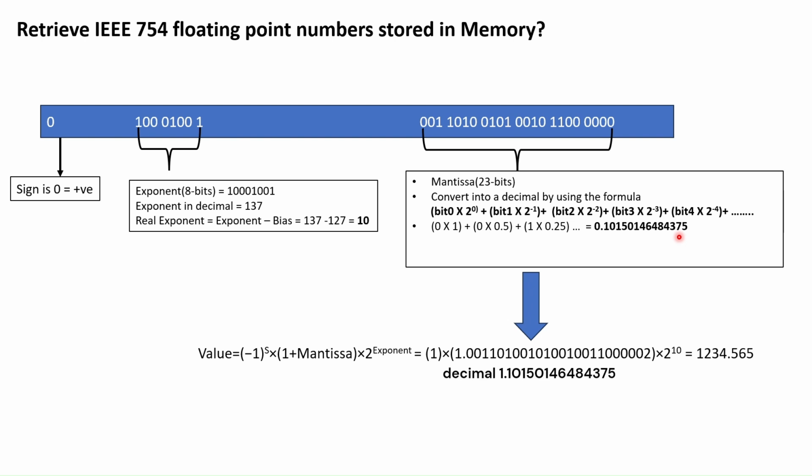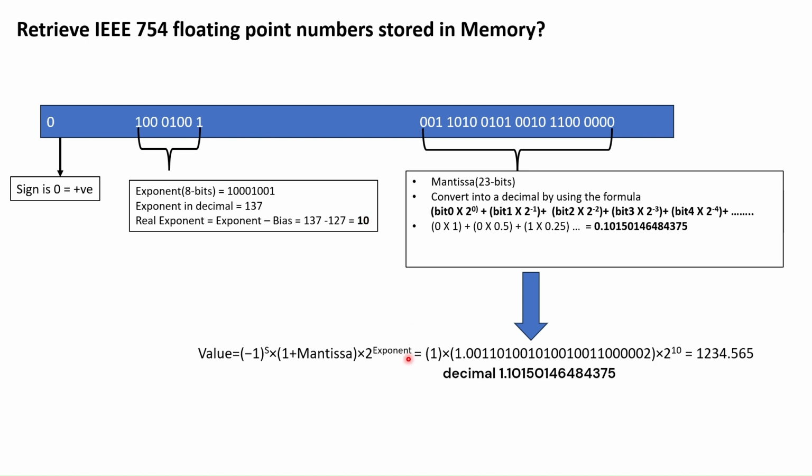Now the formula for conversion is minus 1 to the power of sign, into 1 plus mantissa, into 2 power of exponent. The sign is always 0 or 1. Whatever decimal mantissa you got, add 1 to it, into 2 power of the exponent you got, like here we got 10.